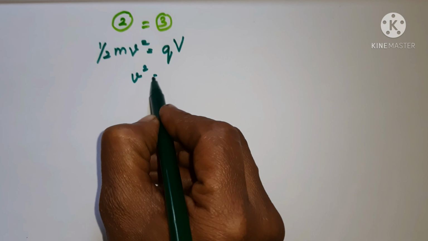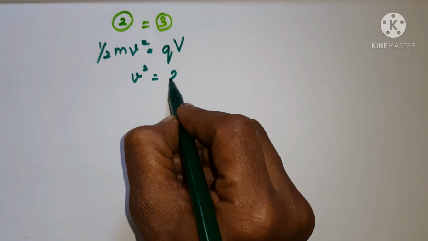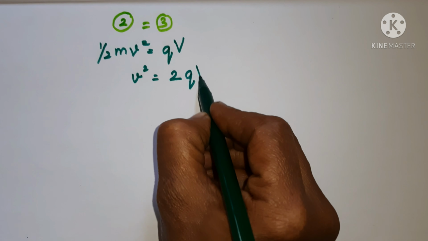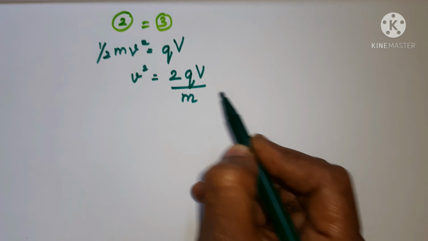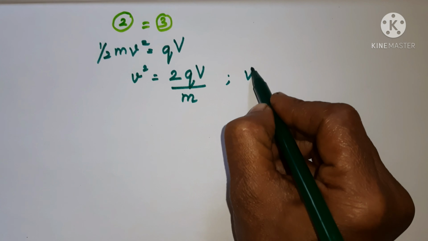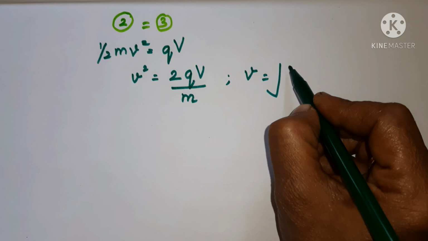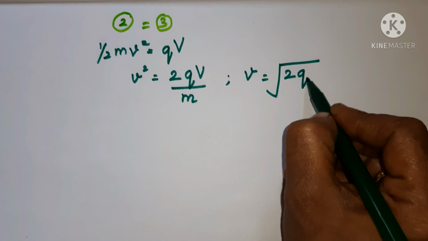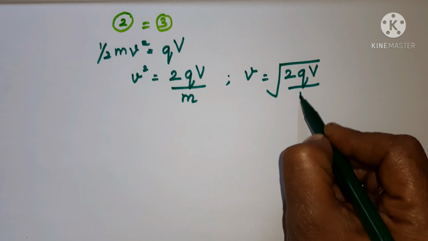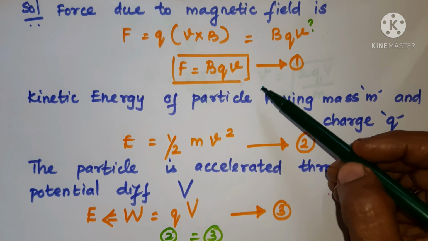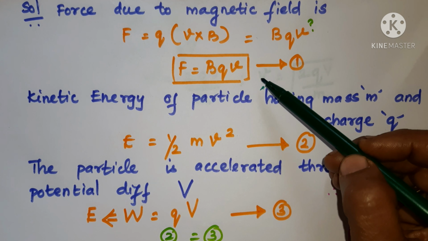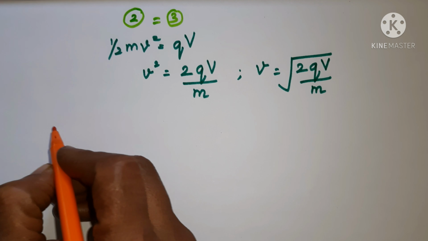Hence v square is equal to 2qV divided by m, so v is equal to square root of 2qV divided by m.